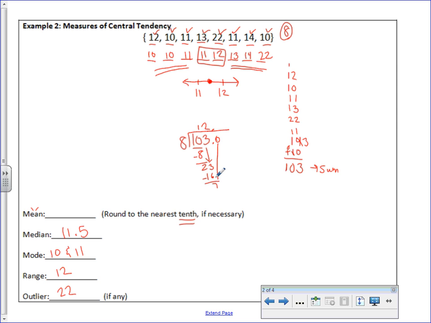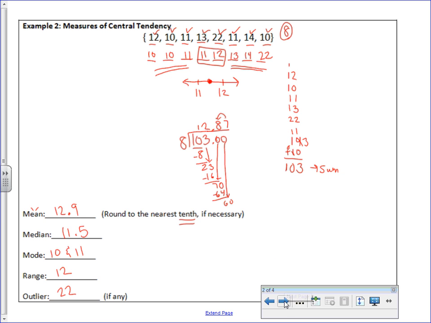Annex a 0. 8 goes into 70. Well, 8 times 8 is 64, and I'm not going to get closer. 8 goes into 60 7 times. That'll give me 56. I can stop there and round. So this tells me I'm going to give this a shove, and my answer will be 12.9.